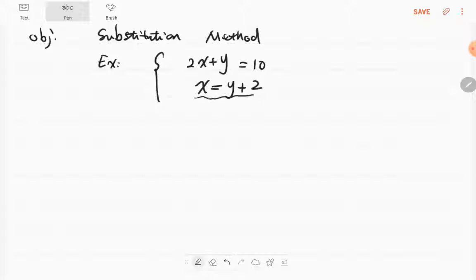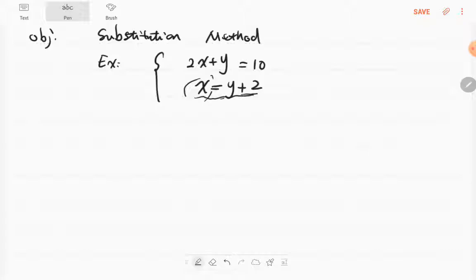We already isolated the x. We use another variable to express x. So maybe we should use this y plus 2 to substitute x, because they are equal, right? So that's the basic idea.